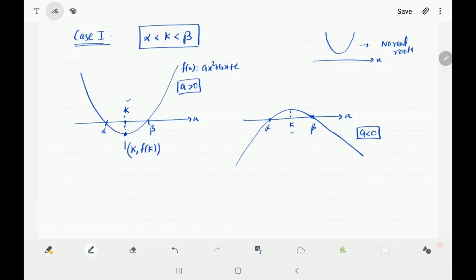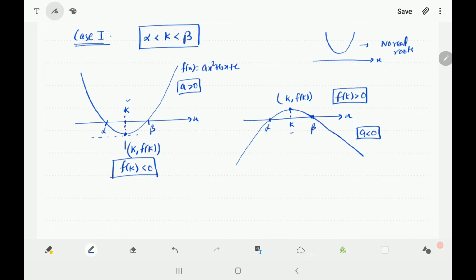Because we don't know the location of the roots, we don't know whether k is positive or negative. But in this particular case, f(k) will definitely be negative because f(k) is the y-coordinate which is below the x-axis. And in this case, the coordinate is (k, f(k)) again, and f(k) is greater than 0. It is positive because it is above the x-axis.